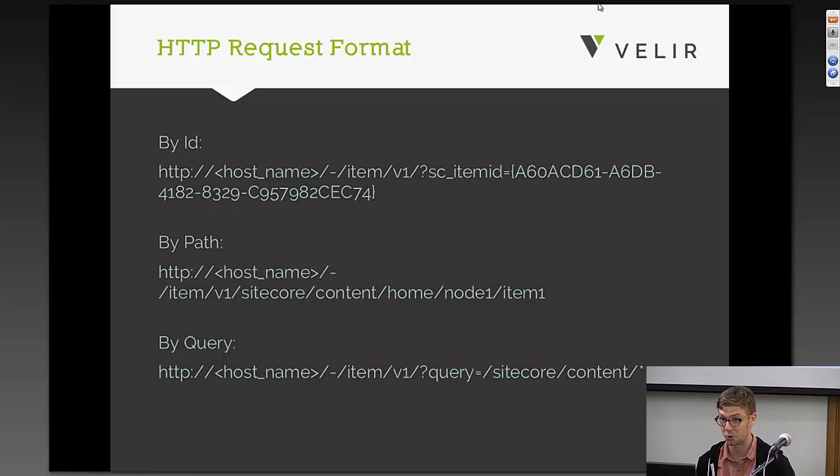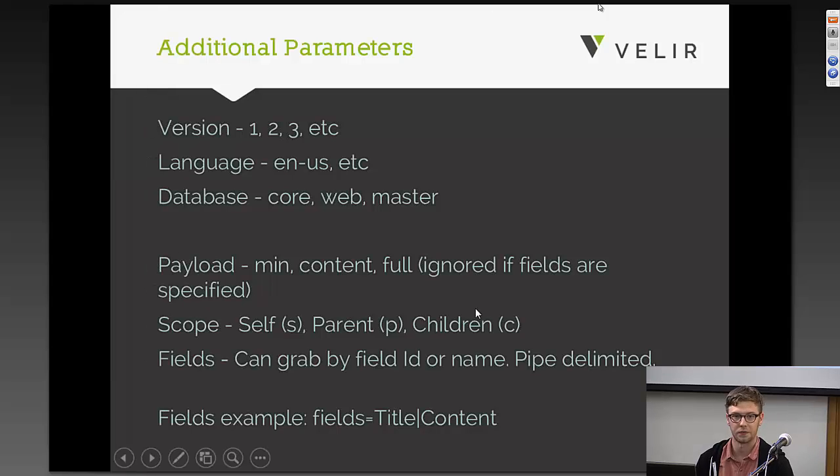You can get back a lot more data than you anticipated, so you need to be careful when you're calling by query. But every request has the same format: your host name, dash item v1, and then you pass in either your ID or your path or your query. It's actually fairly simple. And you have a few additional parameters that you can introduce.